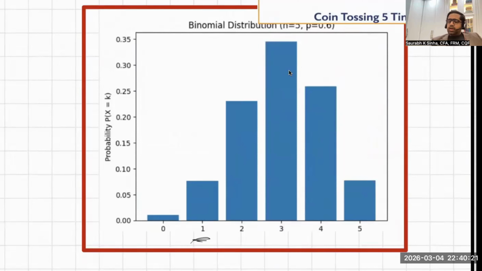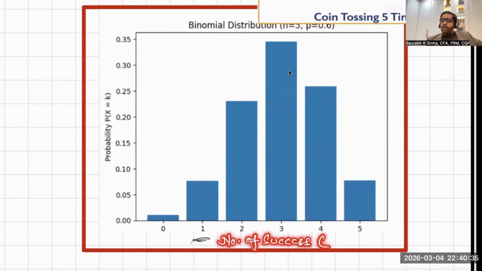And what you did, you plotted the possible number of successes. Understand what you plotted on the x-axis and the y-axis. You plotted the number of successes, and in our example, we have chosen head to be success. You could have chosen it to be failure, it doesn't matter, but we have chosen head. I'm asking, what is the number of successes possible?